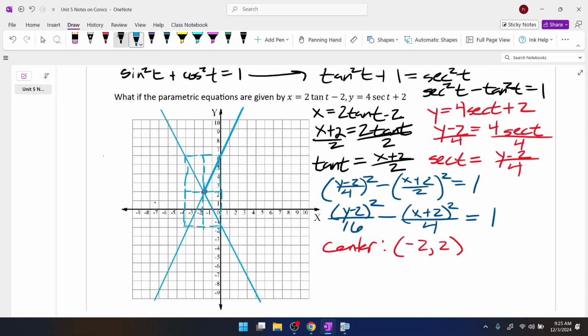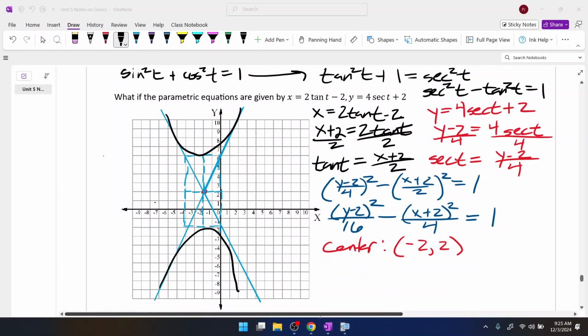See, that's a little better. And then it's going to look just like this. It's going to kind of ride the curve. All right, any questions?